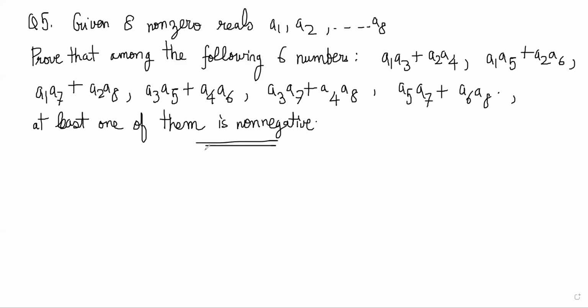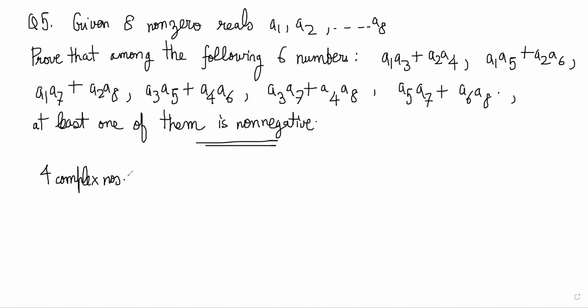So the question seems a little strange. You have to think creatively and think of a good construction by which you can do this. So think about it. Let's basically construct 4 complex numbers.